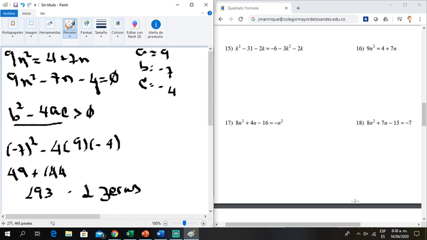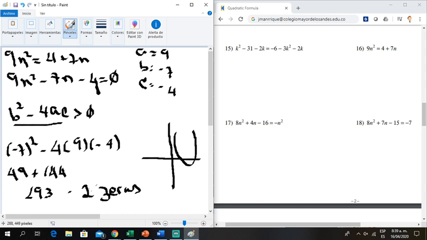Two zeros. This is a number 2. Now it's necessary that you remember to place these numbers into these equations. Two zeros represent that this equation can be in this form.